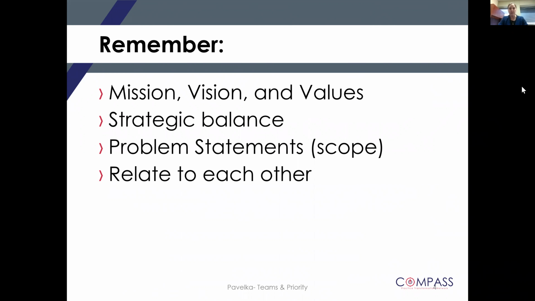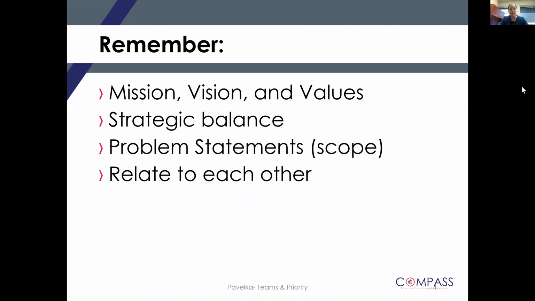And that mission, the vision, and the values should drive this. We also want to think about a strategic balance. In other words, we don't want to pick a particular project that involves studying a population and have it be based just on finance. We want to level the balance between service, quality, and of course, the money is important, but also the culture of your organization. How is that going to help your people within the organization?